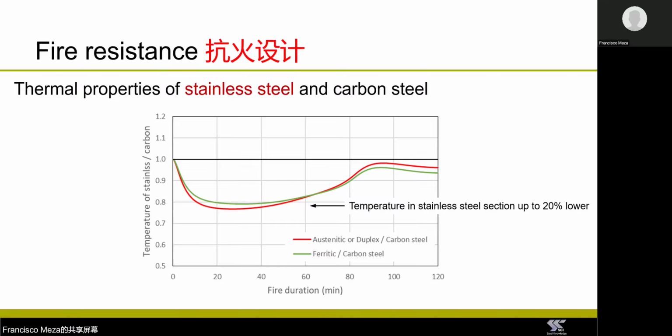So this figure is showing the ratio between the temperature evolution of a stainless steel section during a typical fire scenario and the temperature evolution of a carbon steel section of the same geometry and under the same fire conditions. So in the figure here, I'm showing you fire periods of up to 2 hours. And you can see that within these fire periods, the temperature in a stainless steel section can be up to around 20% lower than in a carbon steel section.